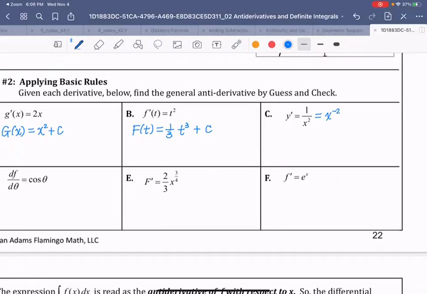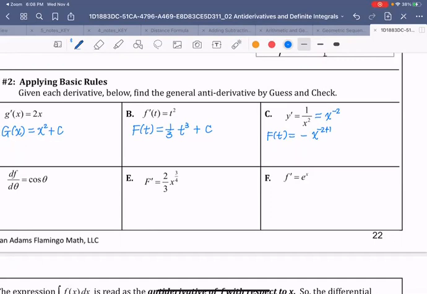Use the trick I showed you just now. You leave a space in front. You take the exponent x to the power -2, and you add 1. -2 plus 1 is -1. The reciprocal of -1 is -1, so you put a -1 in front, which just leaves a negative.